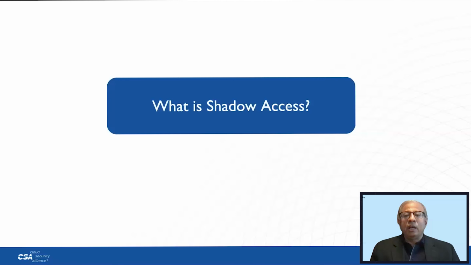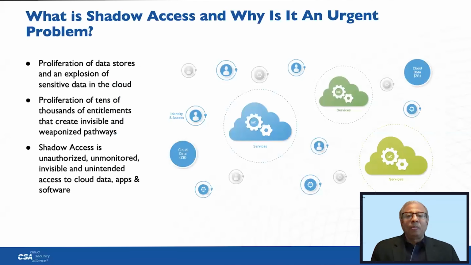Let's start with what is shadow access. Shadow access is a phenomenon created by the proliferation of tens of thousands of entitlements in the cloud environments. This creates invisible and weaponized pathways for attackers. Shadow access lives in many systems today. It lives in your identity systems, your access control systems, your database systems, your data platform systems.